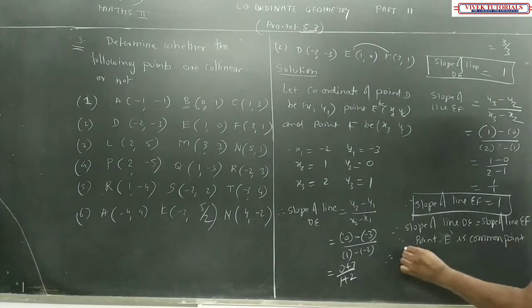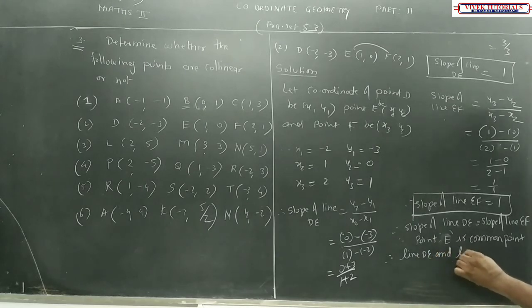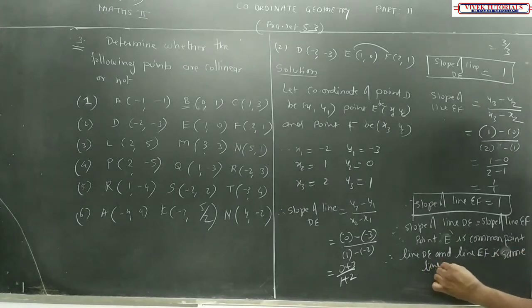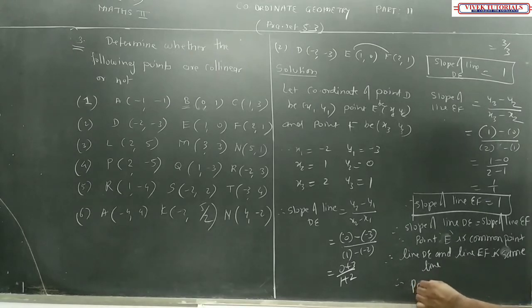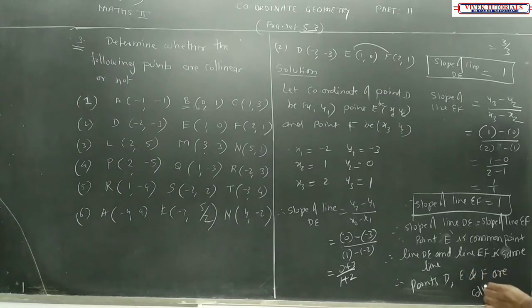Therefore, line DE and line EF are the same line. Therefore, points D, E and F are collinear.